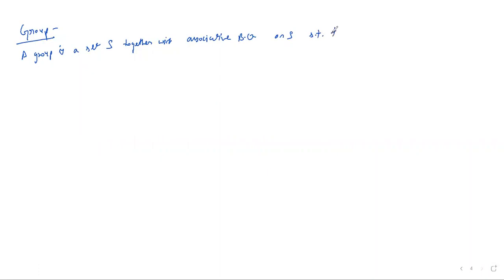such that there is an identity element and every element has an inverse.